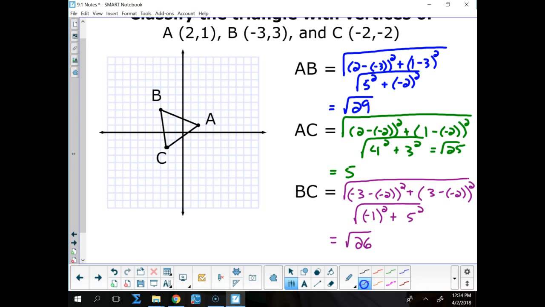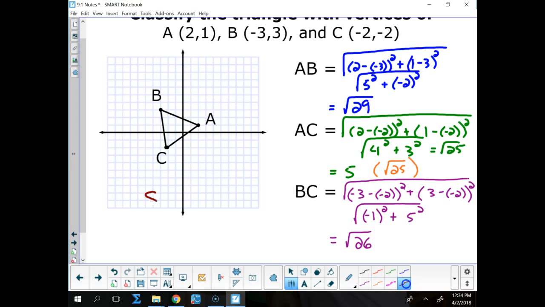So, are any of them equal? No, none of them are equal. If you wanted to leave AC here as the square root of 25, you could, because we're just looking at their lengths. And all of their lengths are different, so what kind of a triangle is this?